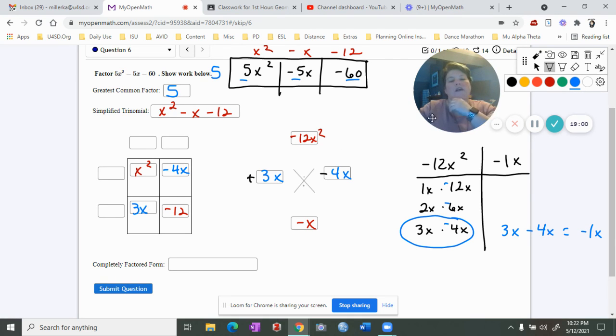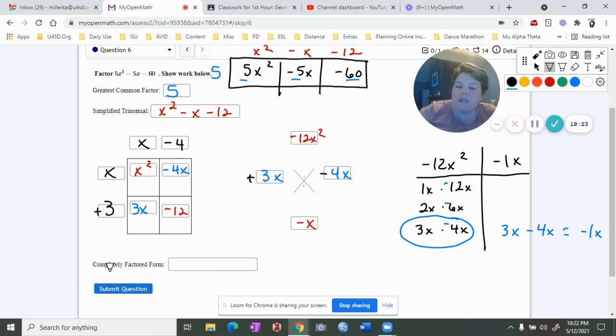Okay, so now let's look for our greatest common factor. x squared and negative 4x share an x. x times x is x squared. x times negative 4 is my negative 4x. x times 3, positive 3, is 3x. And positive 3 times negative 4 is negative 12.